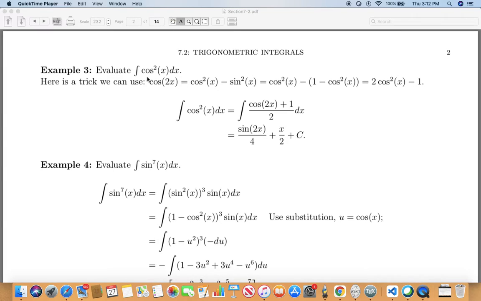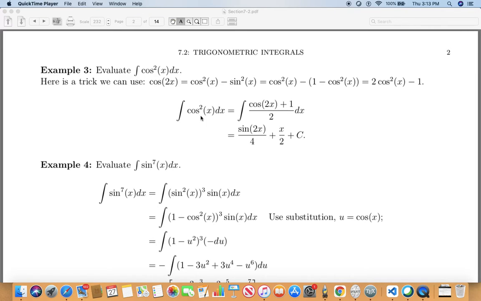So cosine 2x is 2 cosine squared x minus 1. What is cosine squared x by itself? It is cosine 2x plus 1 over 2. Again, cosine squared x is cosine 2x plus 1 over 2.